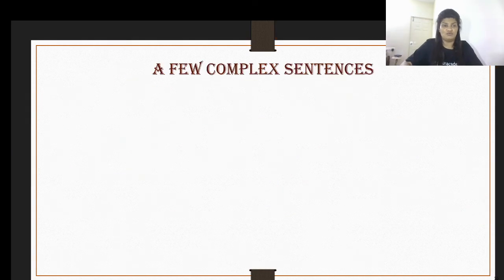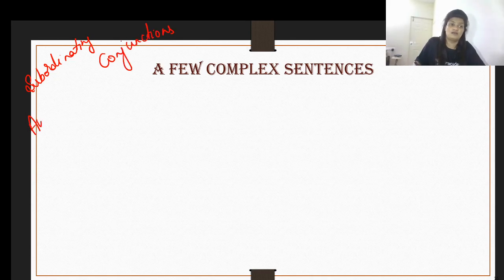All right, now let us move on to the next one, which is complex sentences. Complex sentences are those which are combined by our subordinating conjunctions, which are AAAWWUBIS. Remember this acronym.